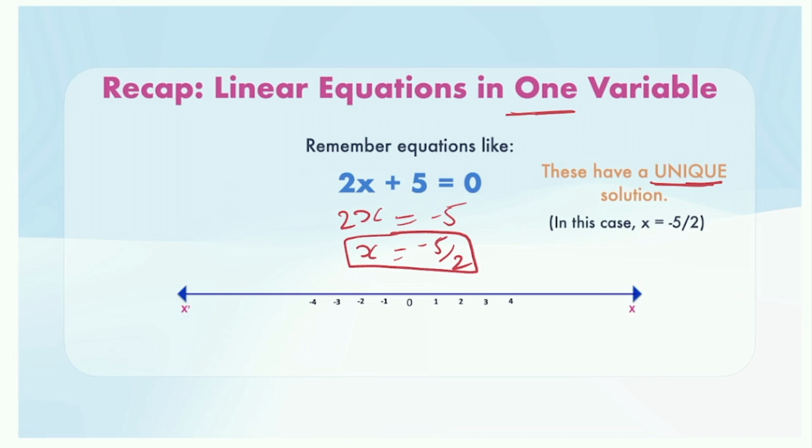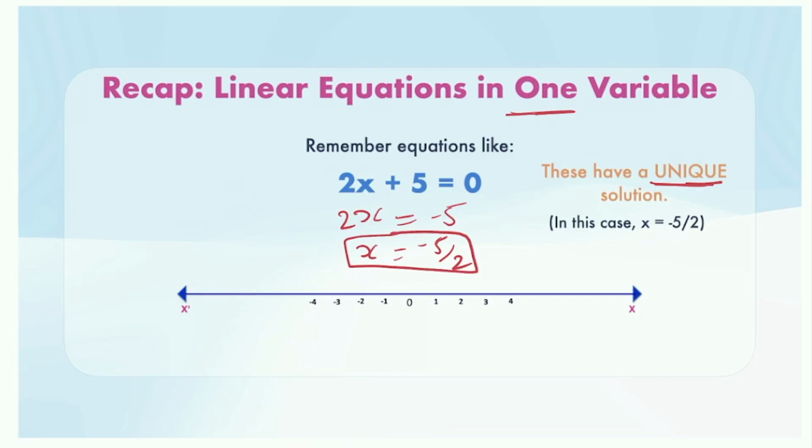If I want to represent it, see, any equation can be represented on a graph. Now a linear equation in one variable can be represented on a one dimensional graph. That means on a number line, because if I want to represent this equation on a number line, this is a number line, right? 0, 1, 2, 3, 4 positive, and minus 1, minus 2, minus 3 negative, right? Now if I want to represent this equation on the number line, it will be a point only, right?